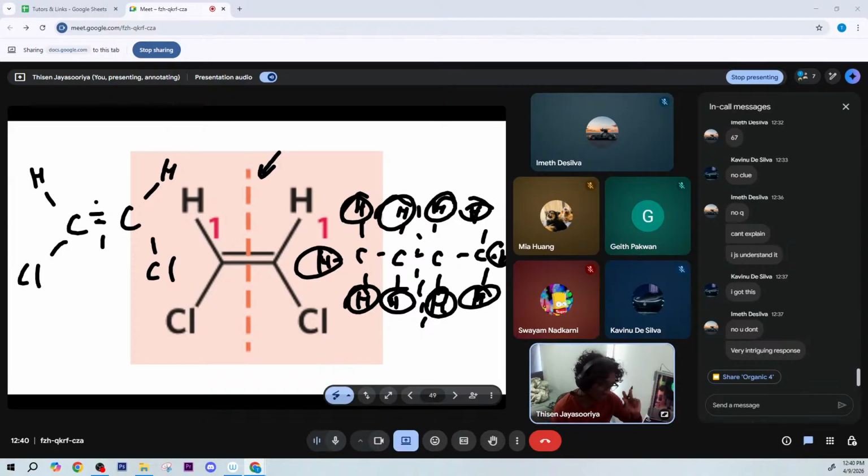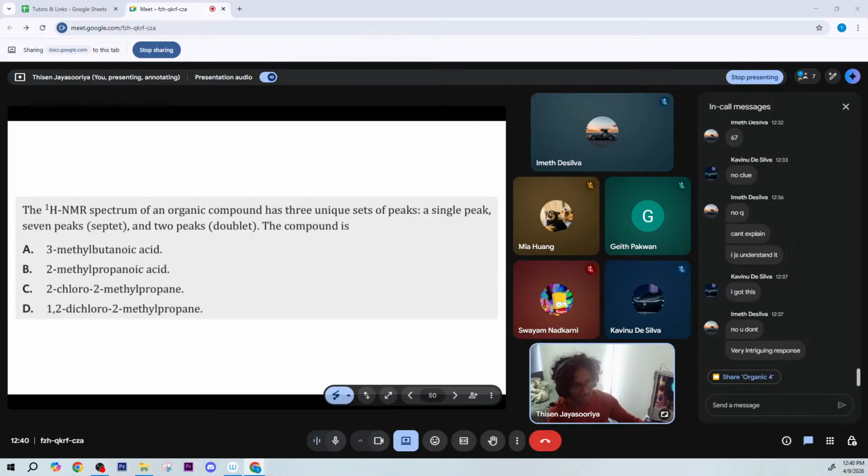So we have two environments for that butane. So I'll keep moving on.